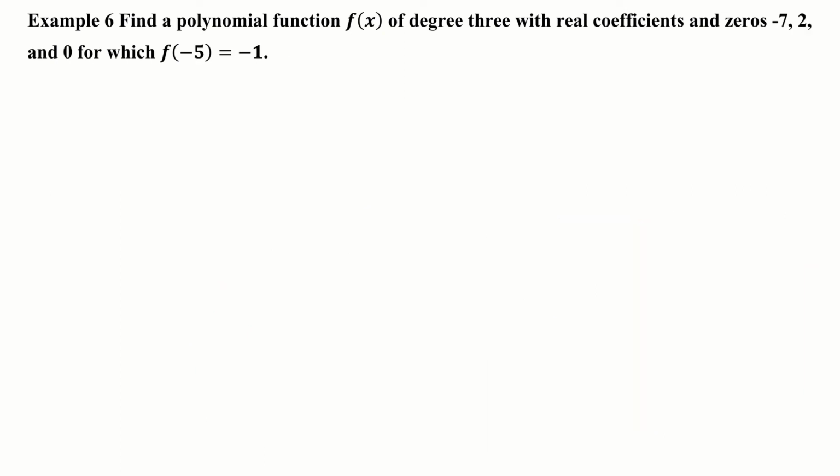All right, so here's one you should be able to handle. You should definitely pause and try it on your own before coming back. All right, so we know that we can set up a polynomial with these given zeros, negative 7, 2, and 0 very quickly.